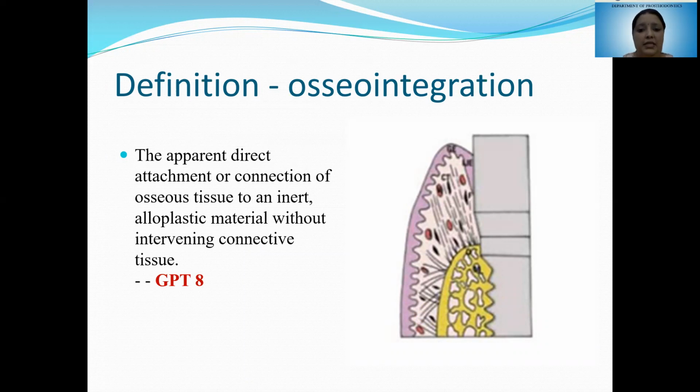Osseointegration is defined as the apparent direct attachment or connection of osseous tissue to an inert alloplastic material without any intervening connective tissue. That is, it is a connection of a material and bone such that there is no connective tissue in between them.